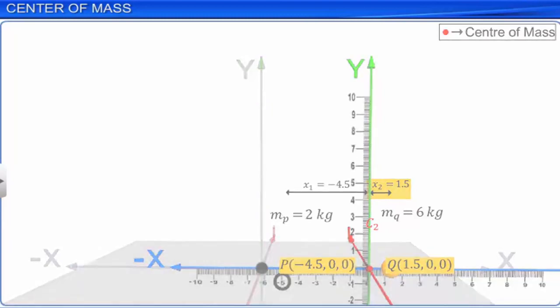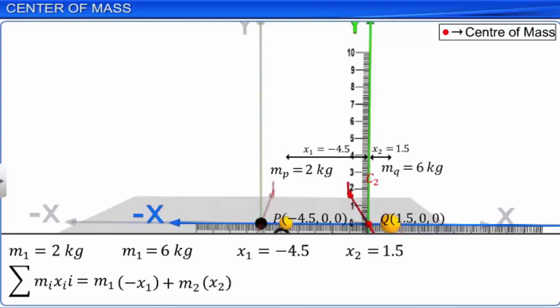Sigma mi xi into i is equal to m1 into minus x1 plus m2 into x2, which is equal to 2 into minus 4.5 plus 6 into 1.5, which is equal to 0.